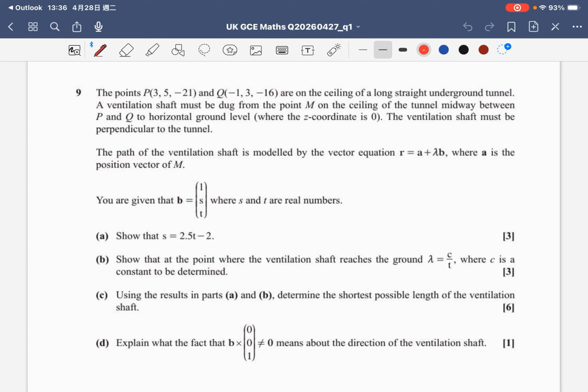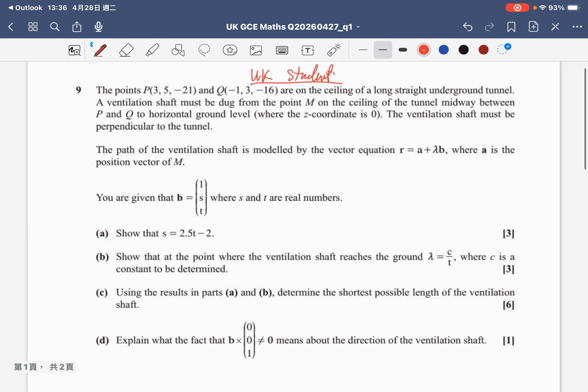This question was asked by a UK student. I think it is a GCE student, and it should be the subject of Further Math. Let's look at the detail of this question. The points P (3, 5, -21) and Q (-1, 3, -16) are on the ceiling of a long, straight underground tunnel.